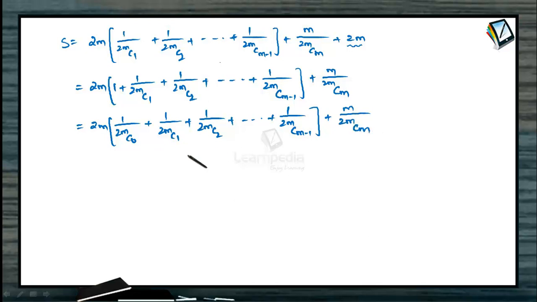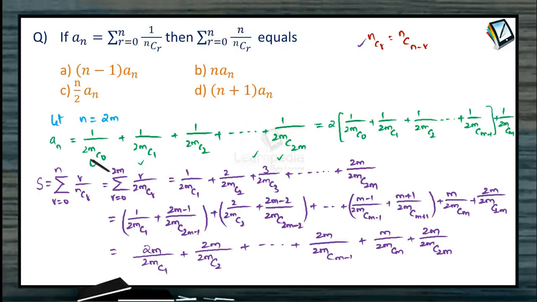Now look at the term inside the bracket. 1 by 2mC0 plus 1 by 2mC1 plus 1 by 2mC2 so on up to 1 by 2mC2m, that is the given an when we expressed it as 2 times 1 by 2mC0 plus 1 by 2mC1 plus so on up to 1 by 2mCm minus 1 plus 1 by 2mCm, right? So this factor will help us to identify what is the value inside the bracket now.